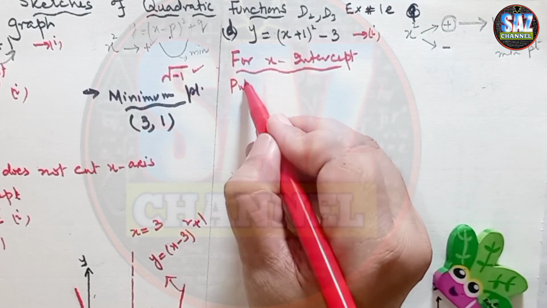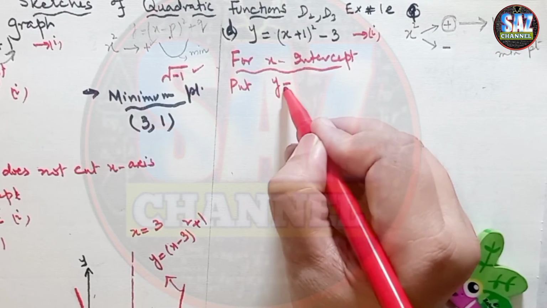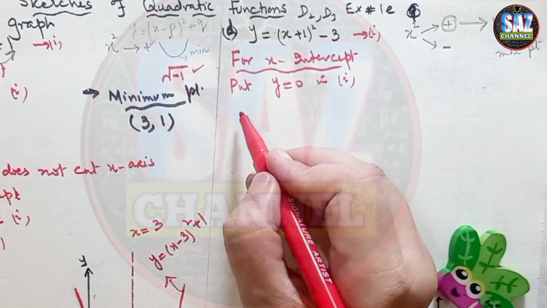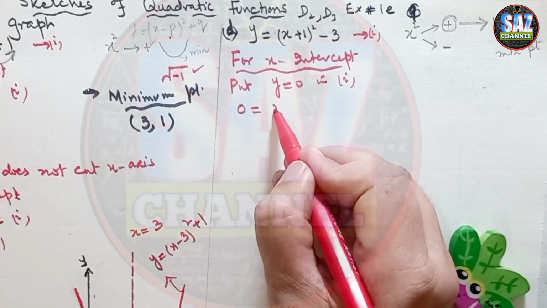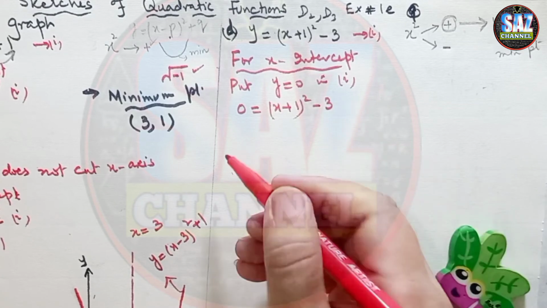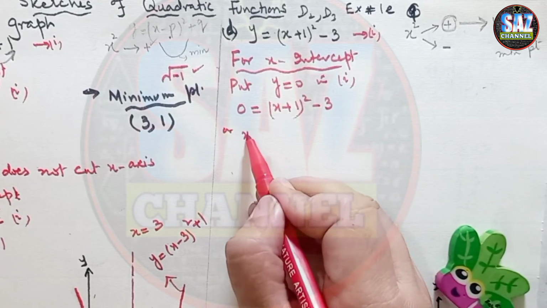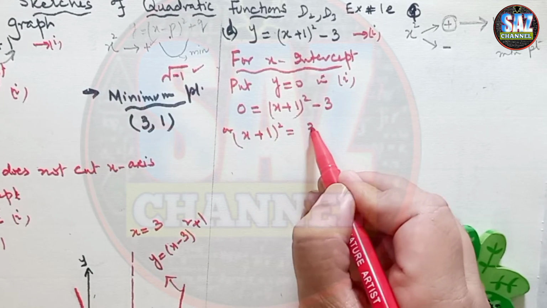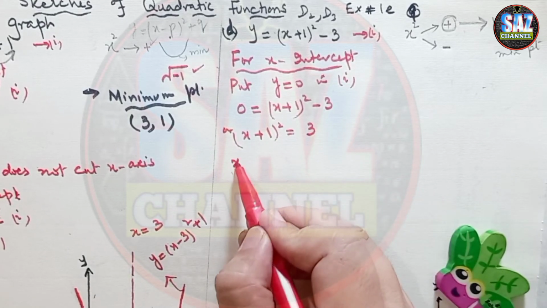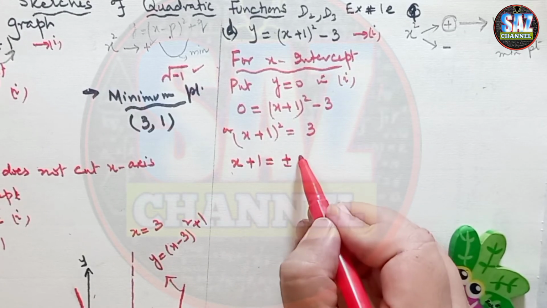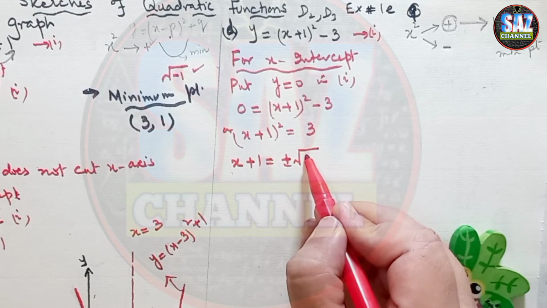Put y equals to 0 in equation 1, and when I'm putting y equals to 0, (x plus 1) whole square minus 3 equals 0. Our equation can take the form (x plus 1) whole square equals to 3, and in order to get value of x, I have to take square root on both sides, okay, and it will appear as square root 3.